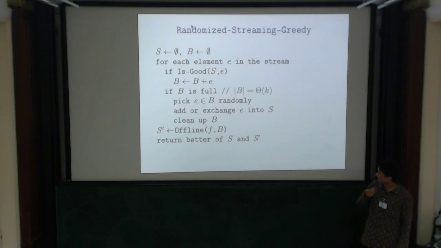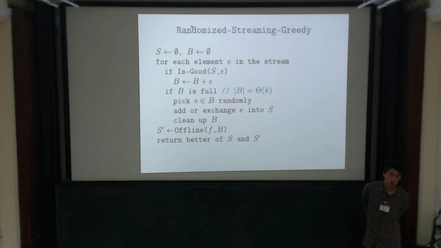So the algorithm in print looks a little bit more like this. I start with the empty solution and an empty buffer. As each element comes, I try to determine more or less if this element is good, and we'll go into that subroutine in a moment. The main point is that if it is good, rather than adding it directly to my set, I'm going to add it to this buffer.